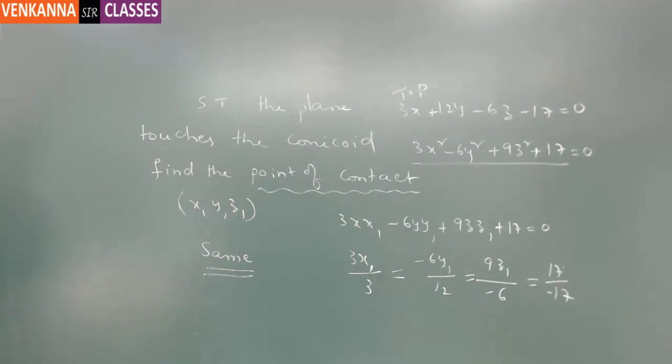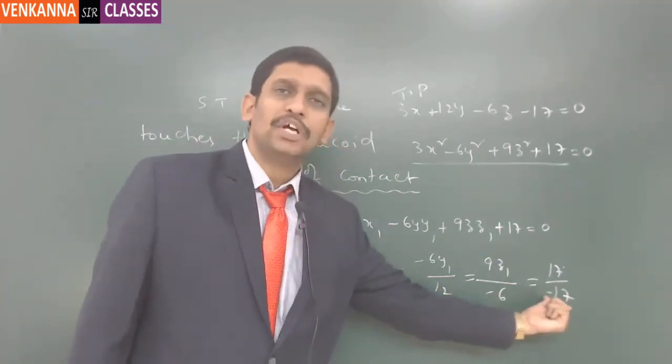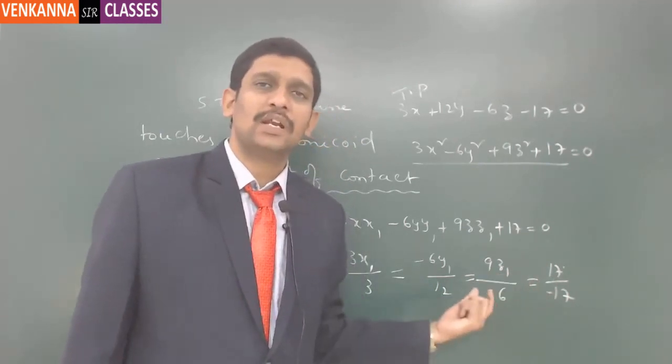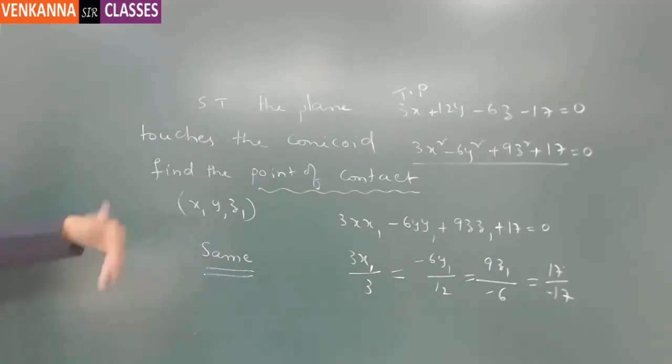Please check that. If you equate each and every one with the constant value, you will get x1, y1, z1, nothing but the point of contact. So this is the other approach to calculate the point of contact.